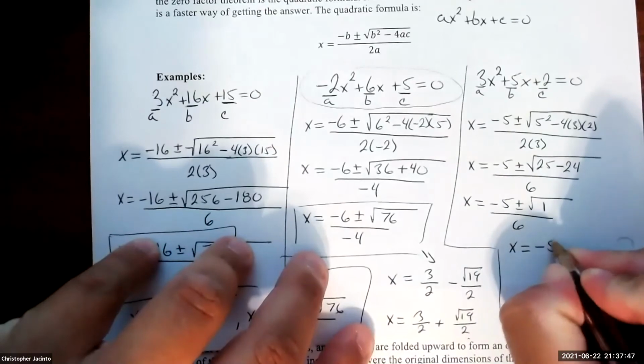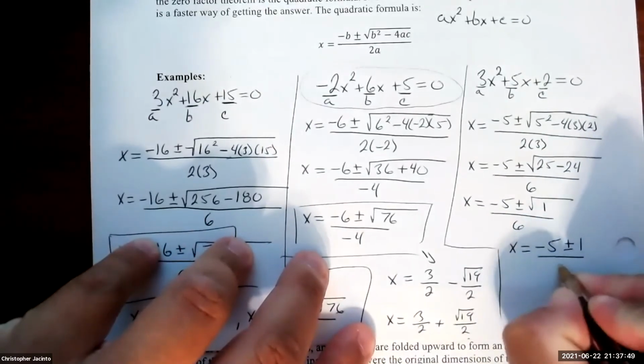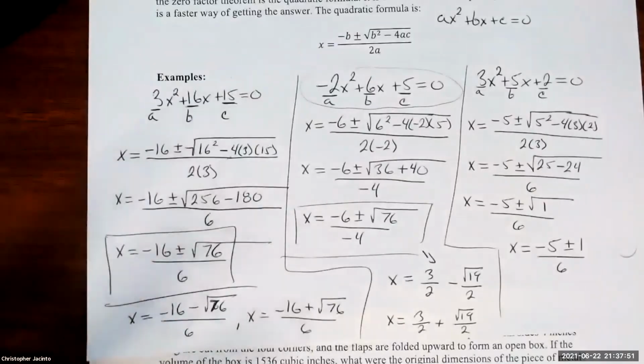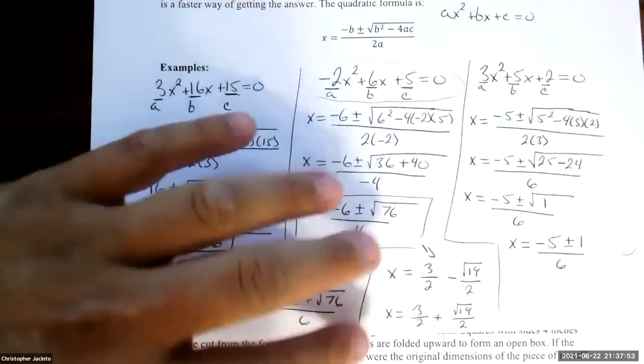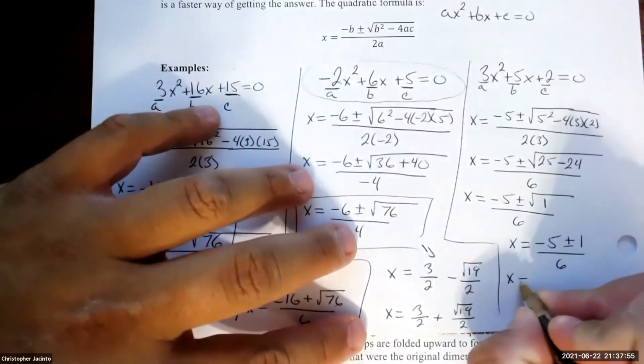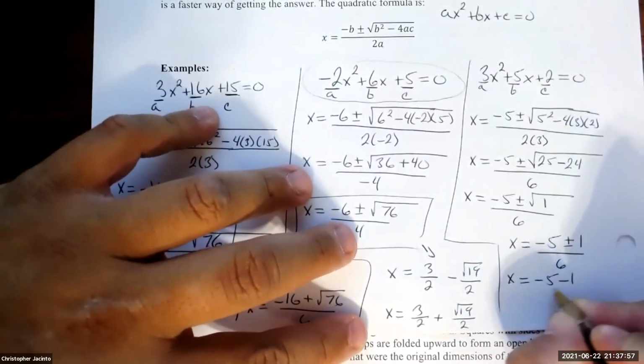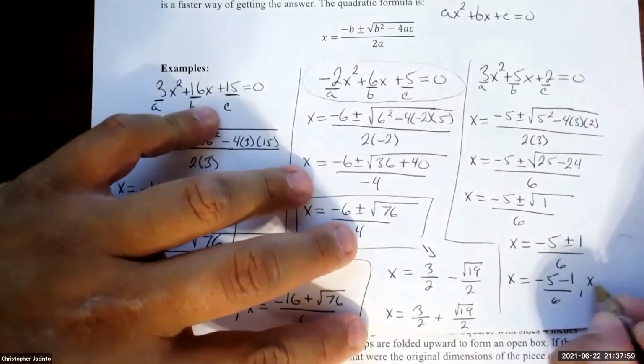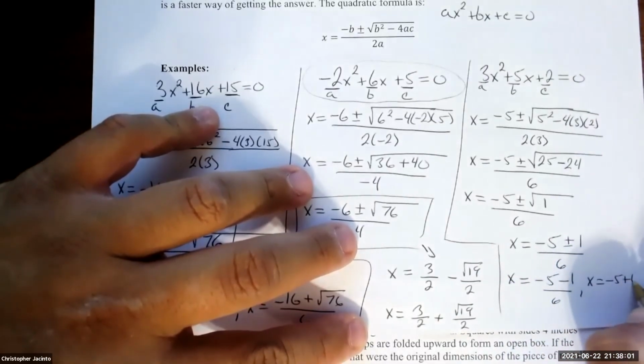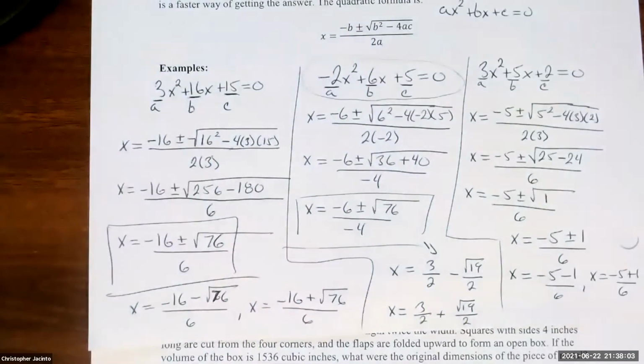So this is now minus 5 plus or minus 1 all over 6. So you can actually get nice numbers from here. So the first one would be x equals minus 5 minus 1 over 6. And the other one is x equals minus 5 plus 1 over 6.